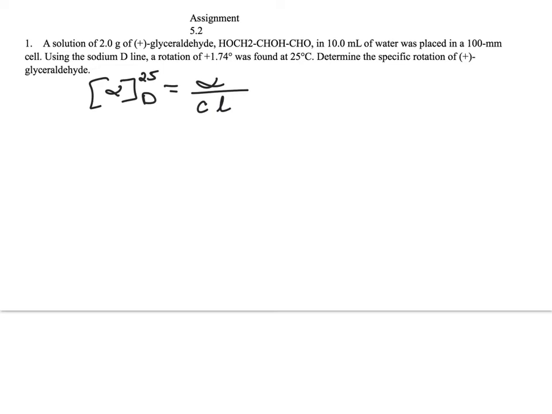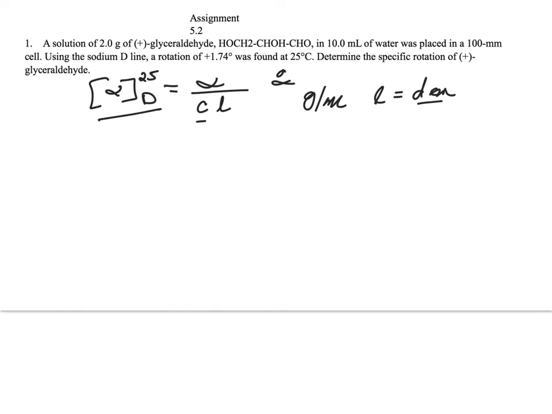And so the units, of course, for this actually is unitless. So you just make sure you use these units and you don't have to worry about canceling them out. So this is going to be in degrees at the top, your alpha. And then your concentration needs to be grams per milliliter, and your length of your cell needs to be decimeters.